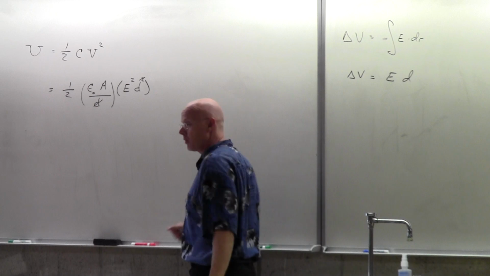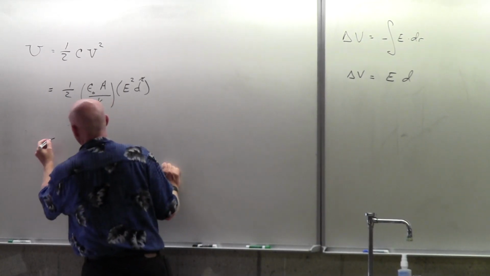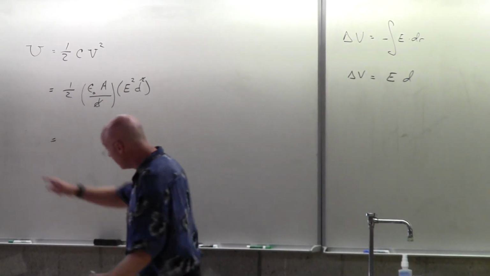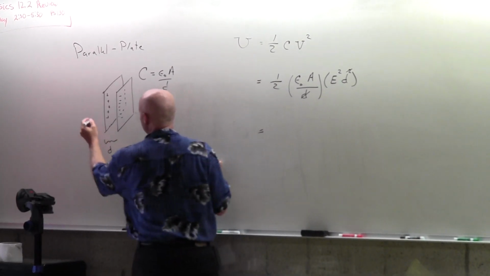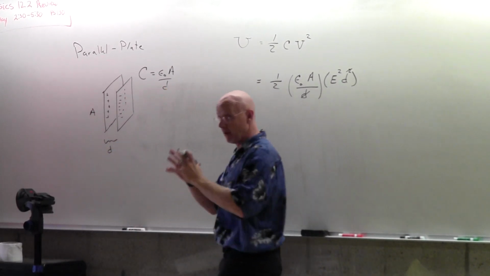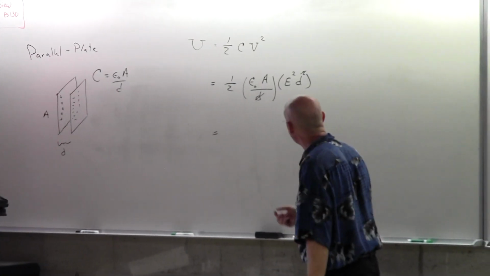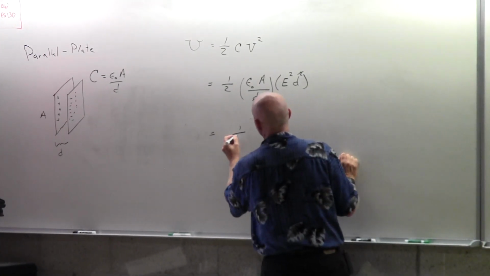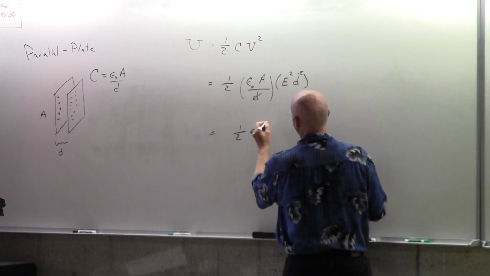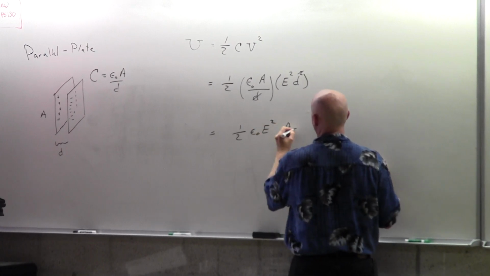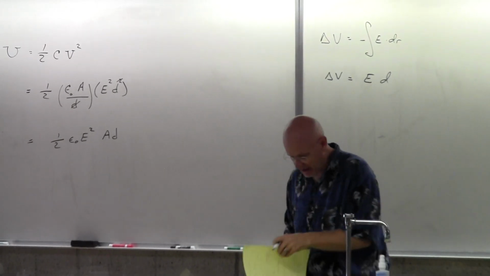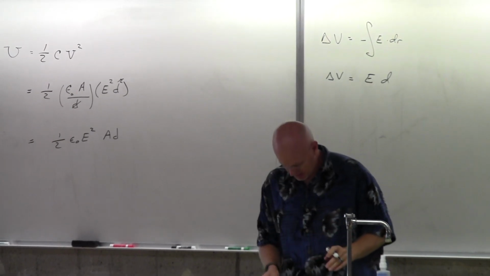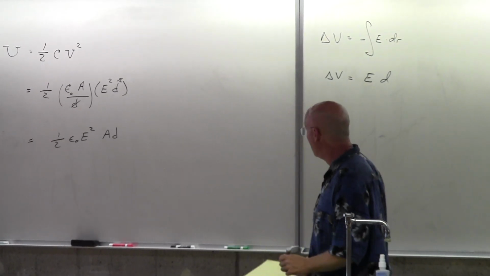The distance down below squared will cancel with one upstairs. And remember that D is the distance between the plates, and A is the surface area of those plates. If I were to rewrite this in this order, maybe then it might give a little bit of insight here.